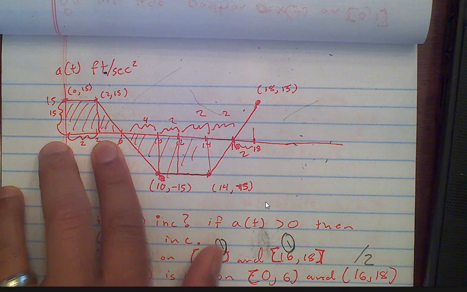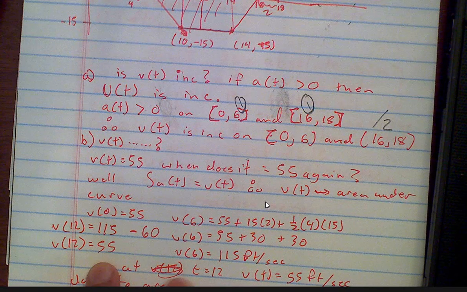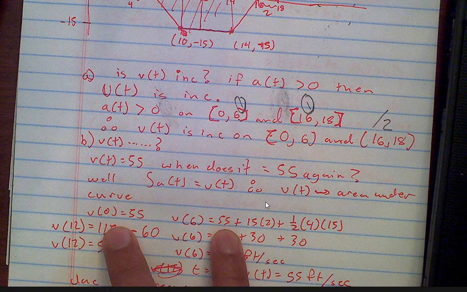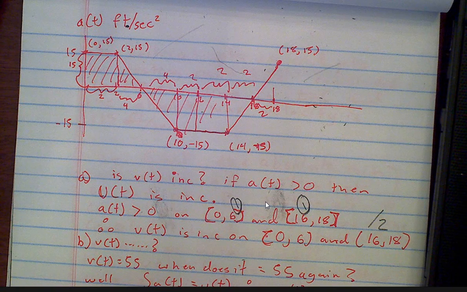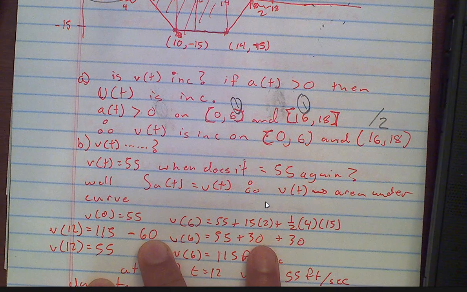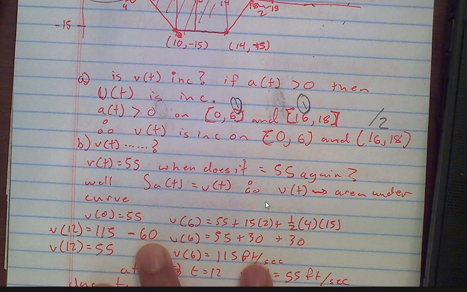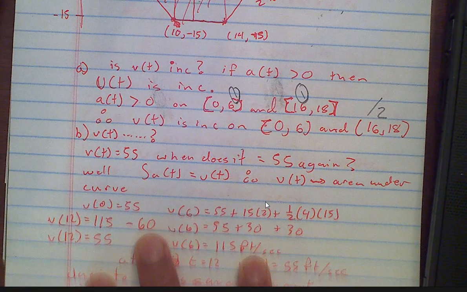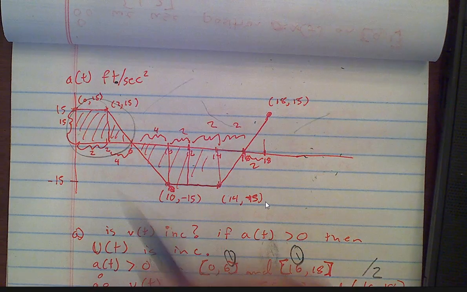If we take the area under the curve and add it to 55, we can find the velocity at 6. So we take all this area and add it to 55, and we get 115 feet per second. The area is just 1/2 base times height.